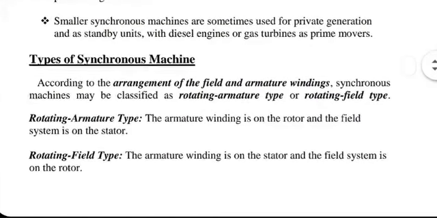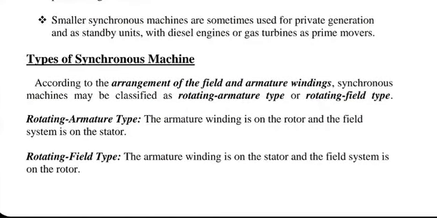As I was mentioning so many times in the past, in theory you could have rotating field and stationary armature, or rotating armature and stationary field. For large powers, rotating field is a better technique from an implementation point of view. So these two classification methods are given again in this document.